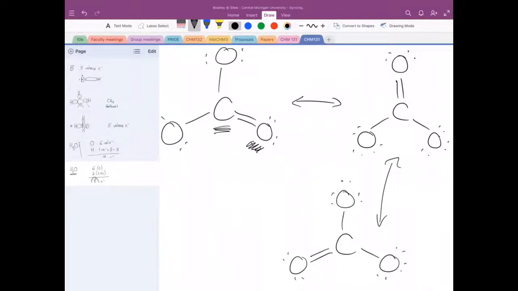So this one has 3 resonance forms, because the double bond can switch places between this one, and that one.